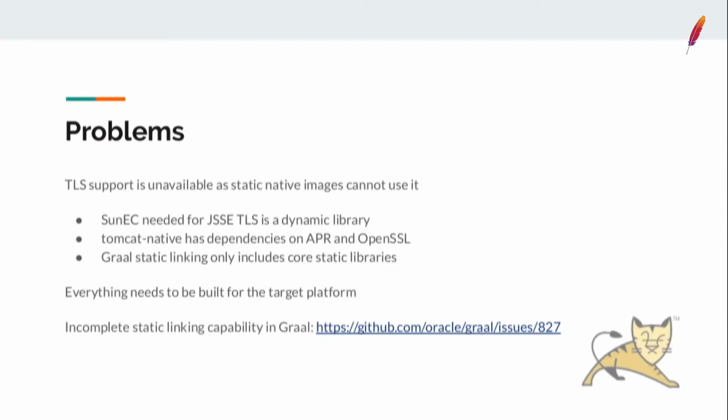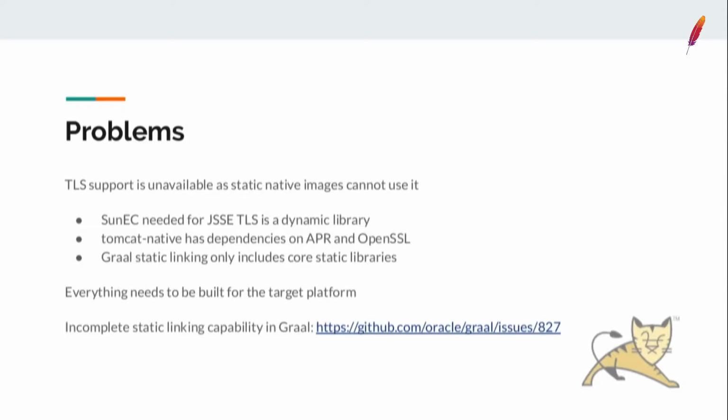So the problem you are going to run into is TLS support. Basically, you need that SunnyC library. Unfortunately, it's only a dynamic library. It can't be compiled as a static thing, so you need it. Also, you have Tomcat native, which has plenty of dependencies, which are annoying.